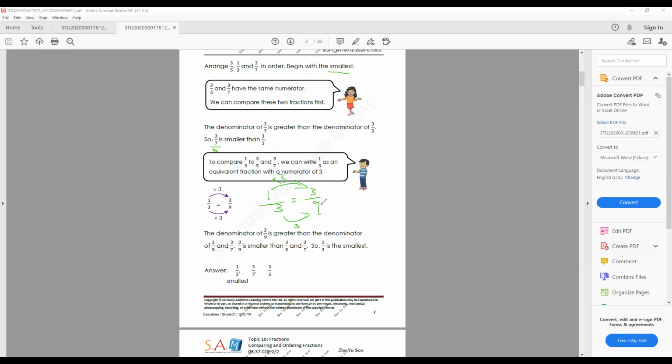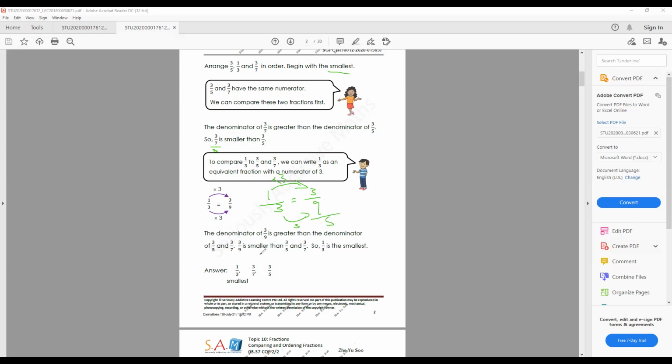So 1/3 is the same as 3 out of 9. Because the denominator of 3 out of 9 is greater than the denominator of 3 out of 5 and 3 out of 7, 9 is the greatest denominator among the 3 fractions. So we say that 3 out of 9 is the smallest.